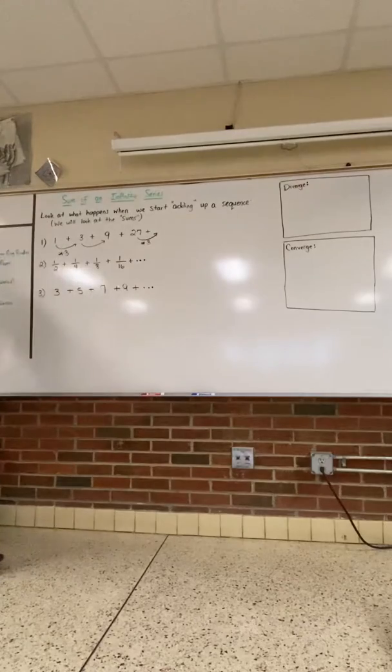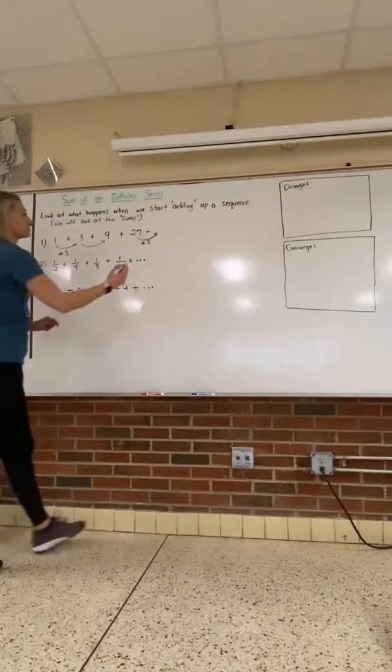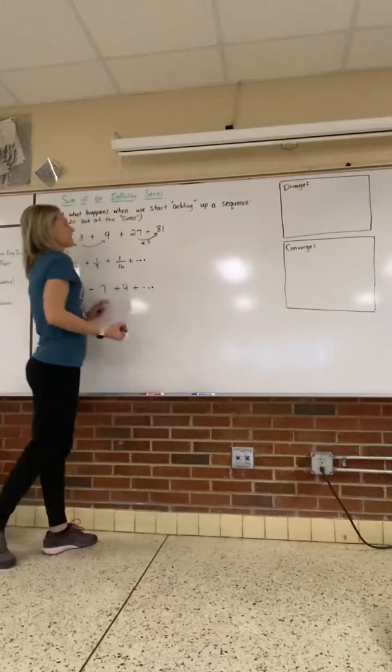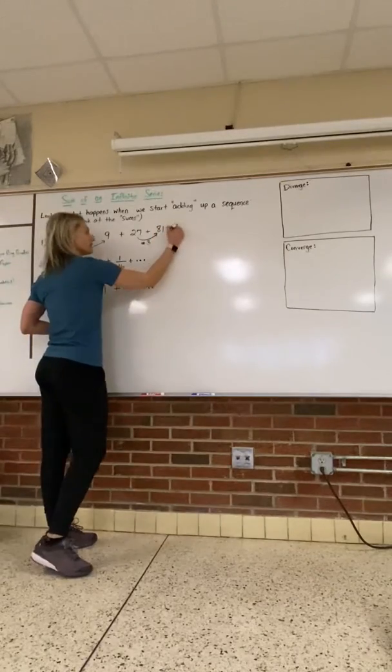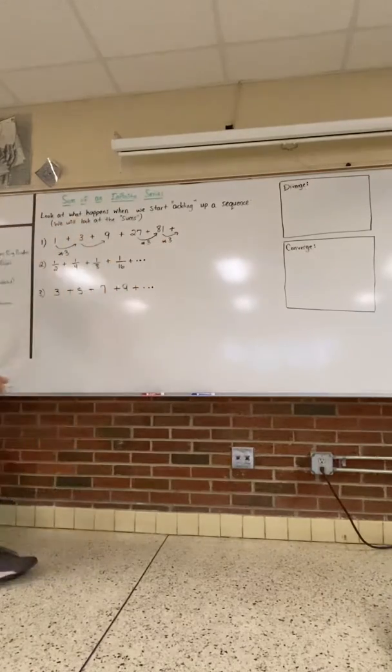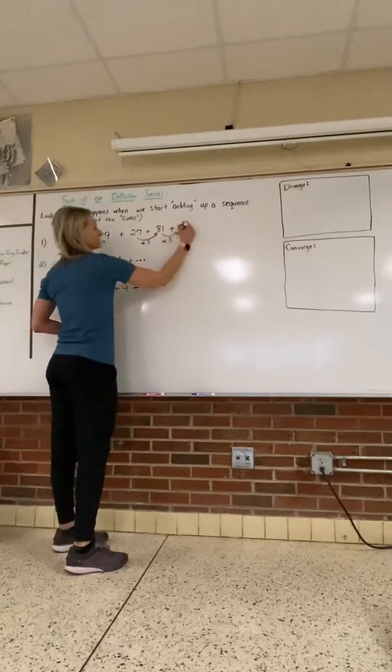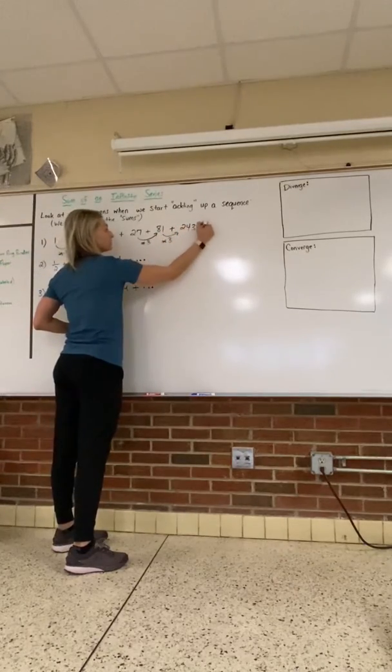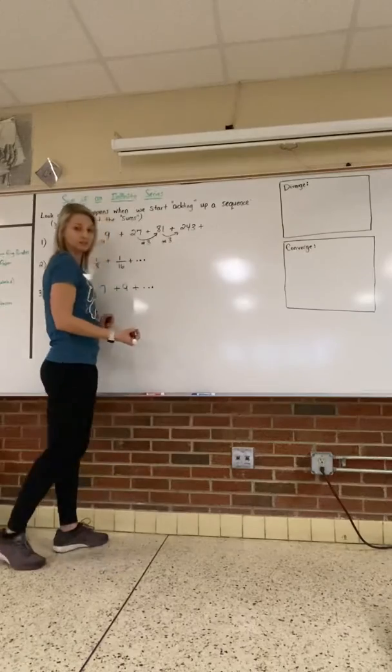And so let me figure out what that would end up being so I make sure I don't make a mistake. That would be 81. And then you could multiply that by 3 again. So if I multiply that by 3, that would be 243. And then we could keep going. So you can extend this however long you need to, okay?